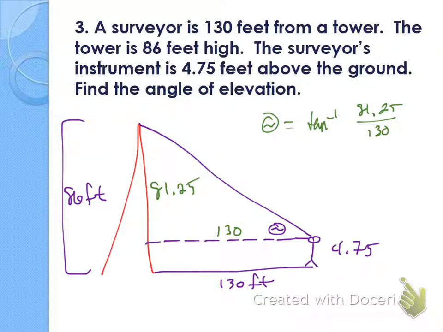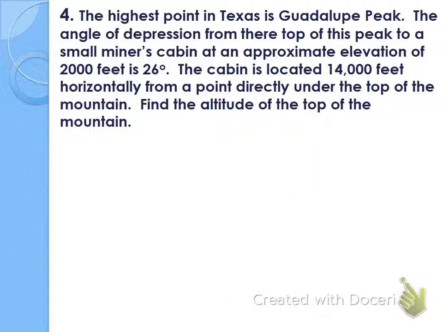And when you do that, you're going to get an angle of elevation of about 32.0 degrees. Okay, so you had to account for that 4.75 feet. That's the wrinkle I was talking about. Okay, next one. Again, another wrinkle here, so let's see if you can't figure out what to do with this. Stop the video, draw your picture, and then I'll show you mine, and we'll walk through how to solve it.